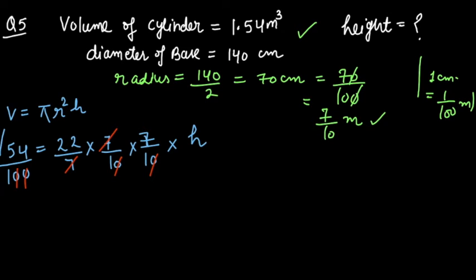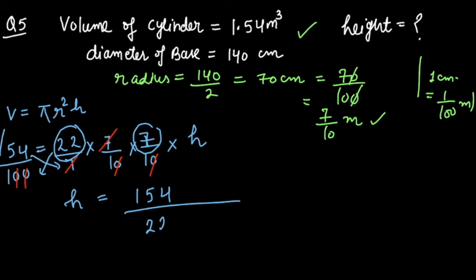What I am left with is h equals how much? If I do cross multiplication, h will be equal to 154 upon 22 into 7. So 7 2s are 14, 7 2s are 14, and this is 22 and 22, so both are cancelled with each other.